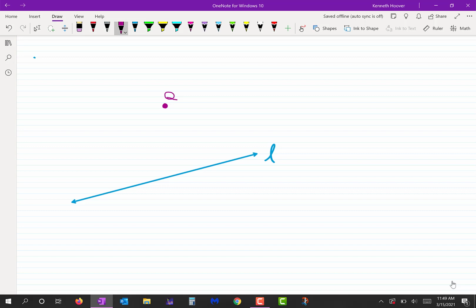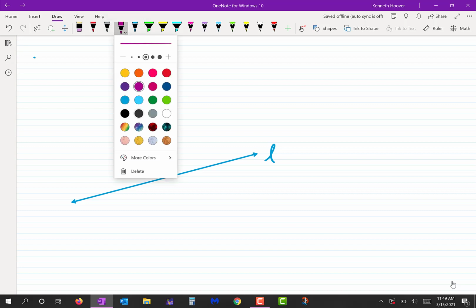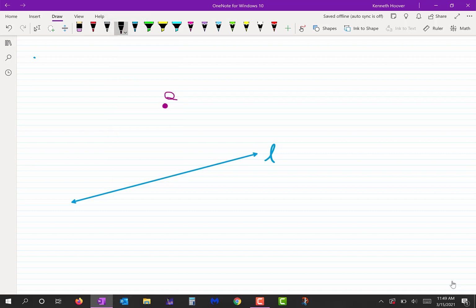Okay? Now, how do you measure the distance from a point to a line? Well, I think we can agree that when we say the distance, we mean the shortest possible distance. So, not that distance, not that distance, but that distance.